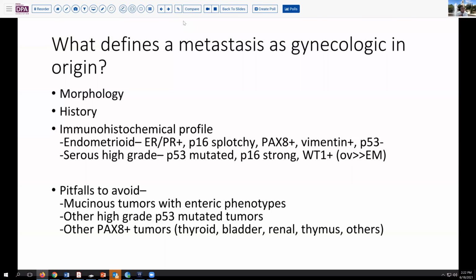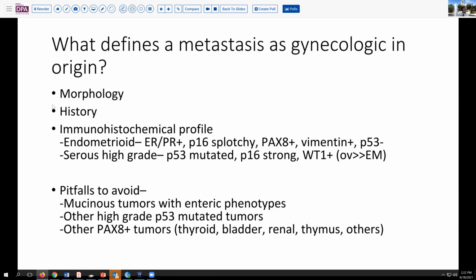Well, I think one question would be, what would define a metastasis as a so-called gynecologic tumor of origin? Certainly the important things to think of first are, what is the morphology? While we know that many different things can mimic both the primary ovarian tumors as well as vice versa, we do want to rely on morphology because that is one of the areas where we have so much experience and a good chance to make a best estimate.